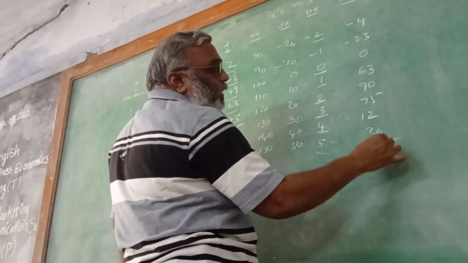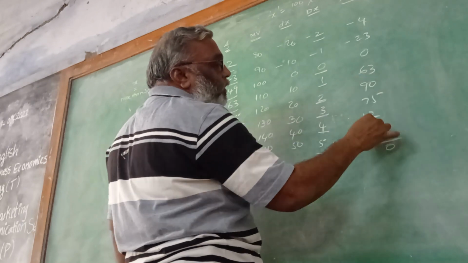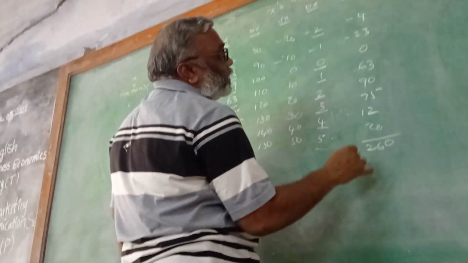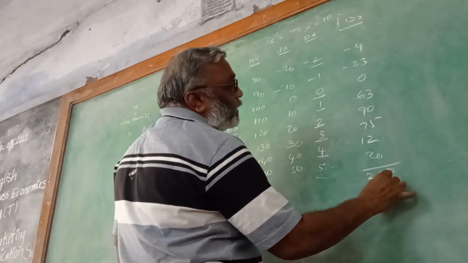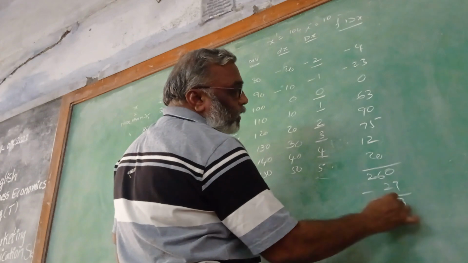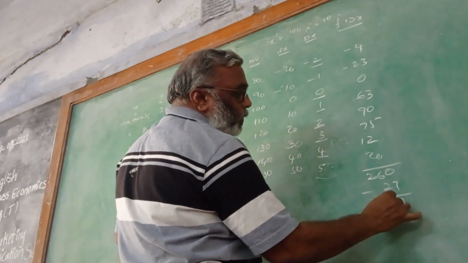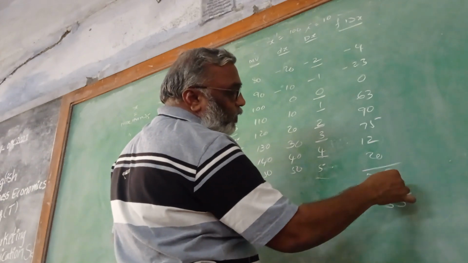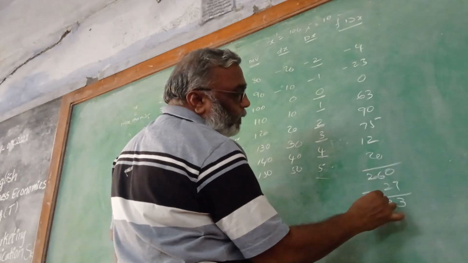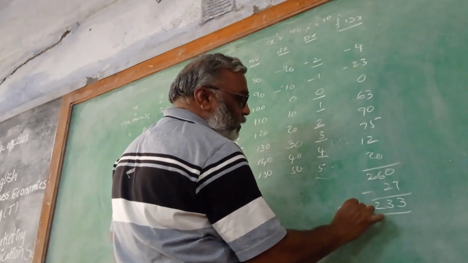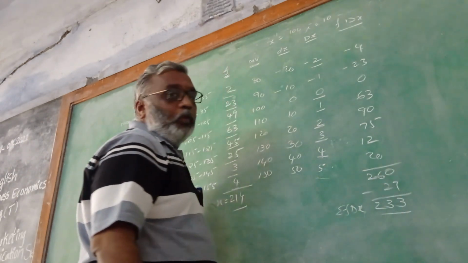Sum of the positive items is 260, minus items 27, so 233. Is it right? Okay.